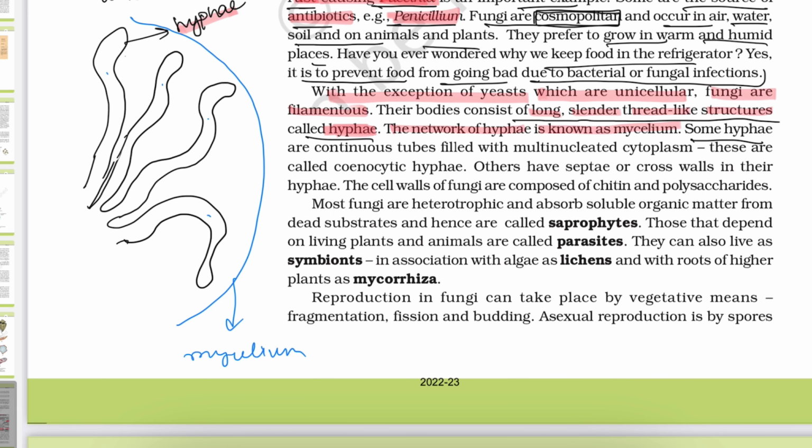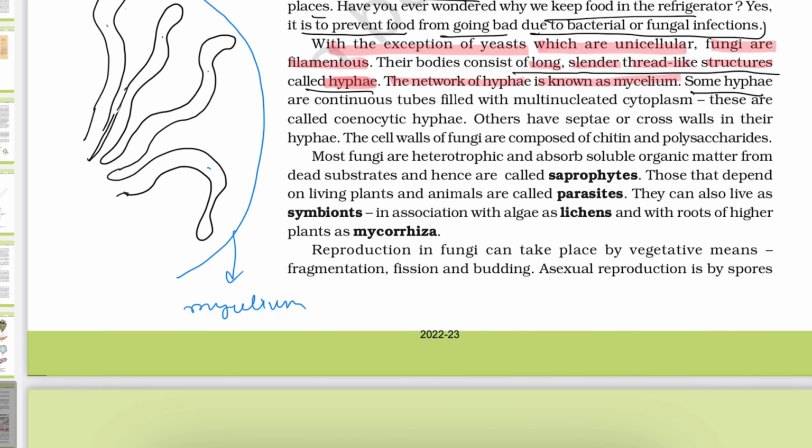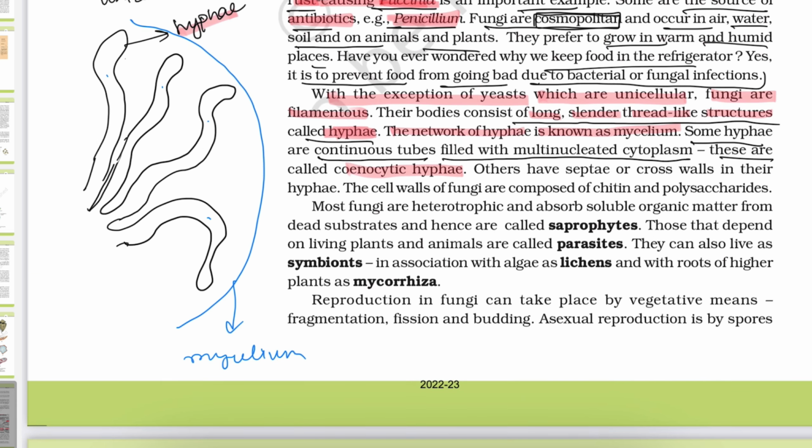Now focus on the hypha. Some hypha are continuous tubes filled with multinucleated cytoplasm. These are called coenocytic hypha. Now what is coenocytic hypha? This hypha will be continuous, the cytoplasm is continuous.